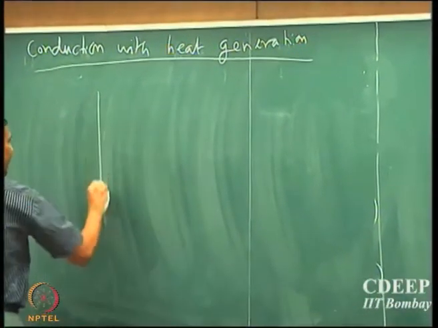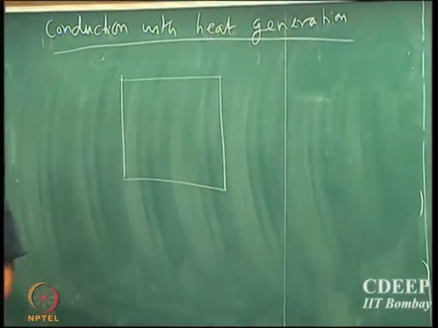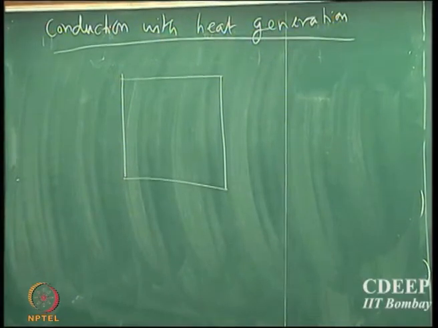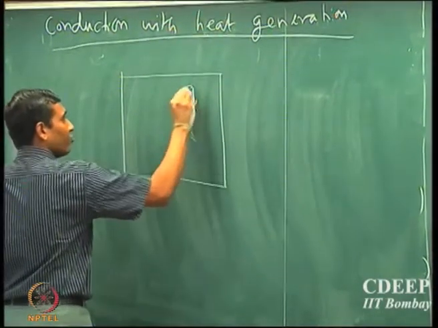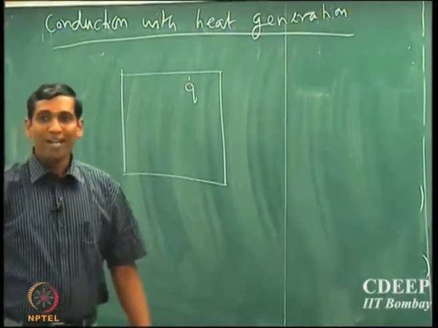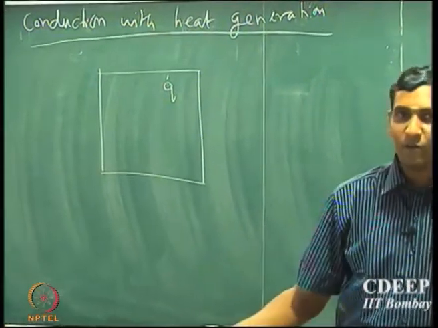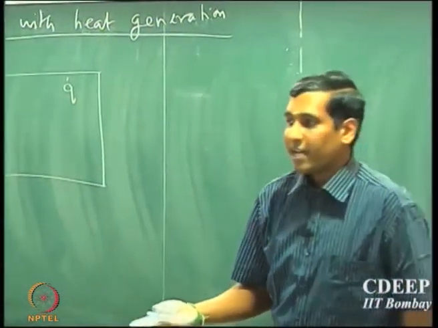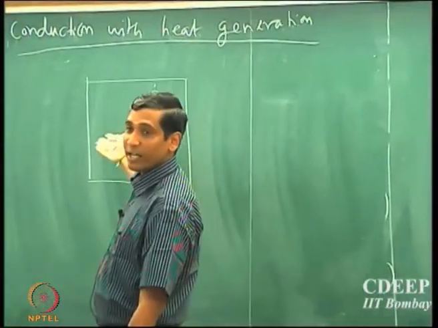Supposing we take a slab, and let us say that Q dot is the volumetric heat generated inside the slab. It could happen in many different ways. For example, there could be an electrical heating system inside generating heat, or some solid reaction, an exothermic reaction, inducing heat inside the slab.